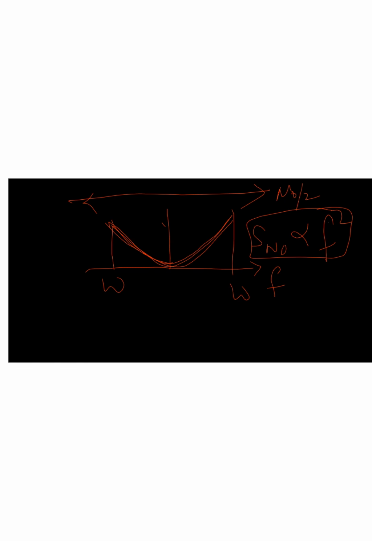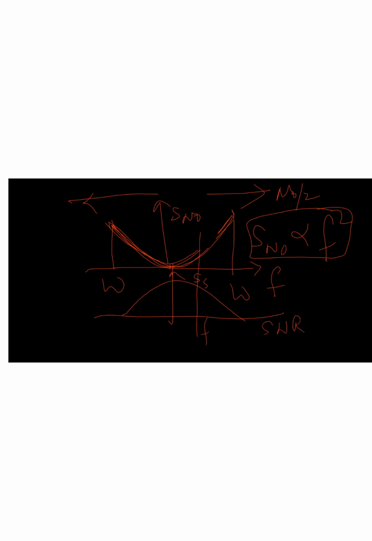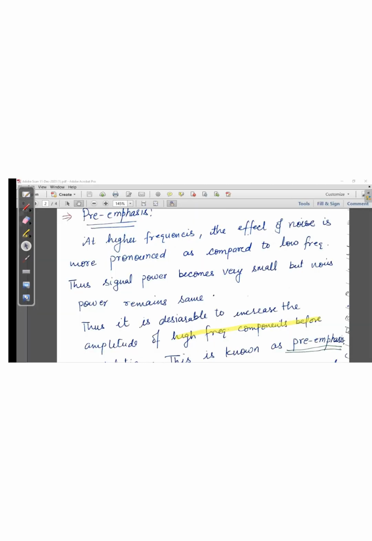So if my signal power spectral density moves like this and the noise density moves like this, this is the power spectral density of noise and this is the power spectral density of the signal. After some frequency f1 the signal to noise ratio becomes poorer. This is why we use a pre-emphasis circuit in the FM transmitter. I hope I am clear up to here.